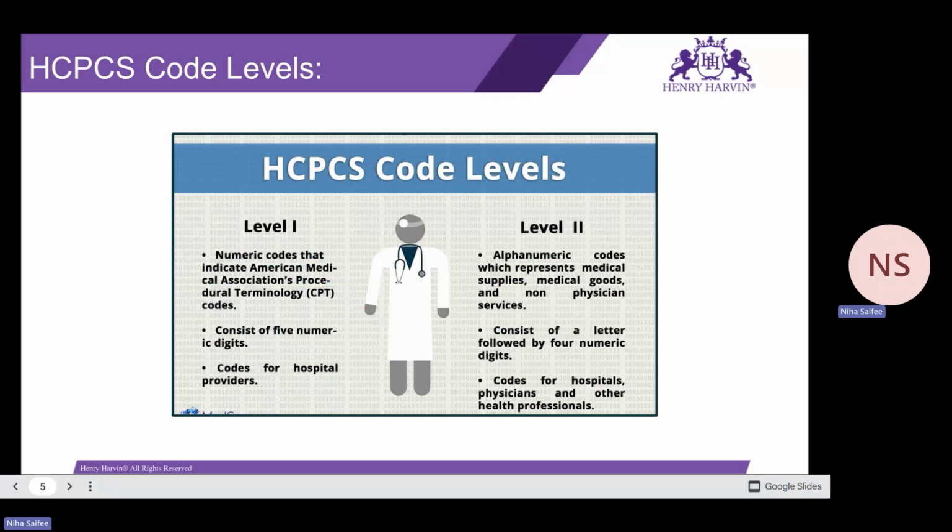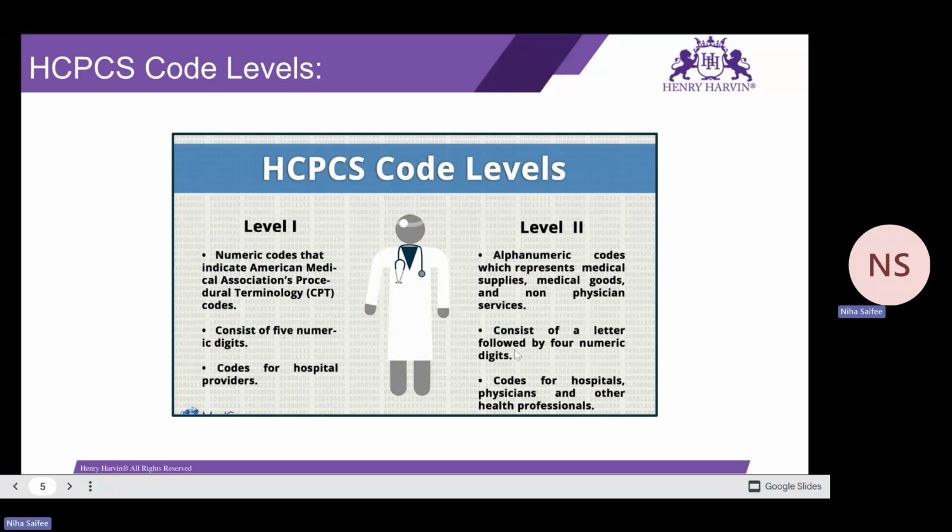In some places you have numerical and alphabet, and they are the codes for all your OPDs and IPDs, all procedures. Level 2 is everything which is not covered in CPT, that is medical supplies, medical goods, and non-physician services. It consists of a letter followed by 4 digits.